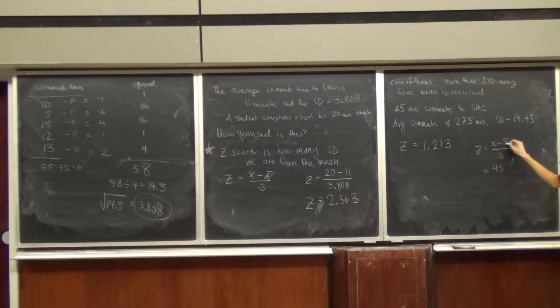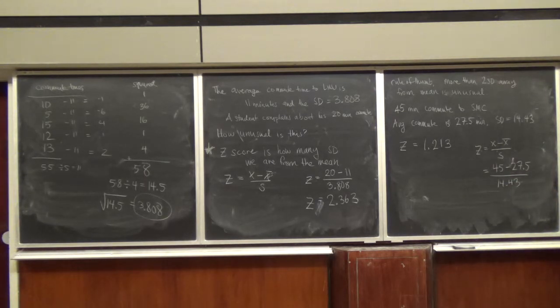I'm sorry, what's your name? Mars. Okay, so Mars, what's our x bar? 27.5, that's the average. Yes, that is correct. And what is S? S is our standard deviation, 14.43.